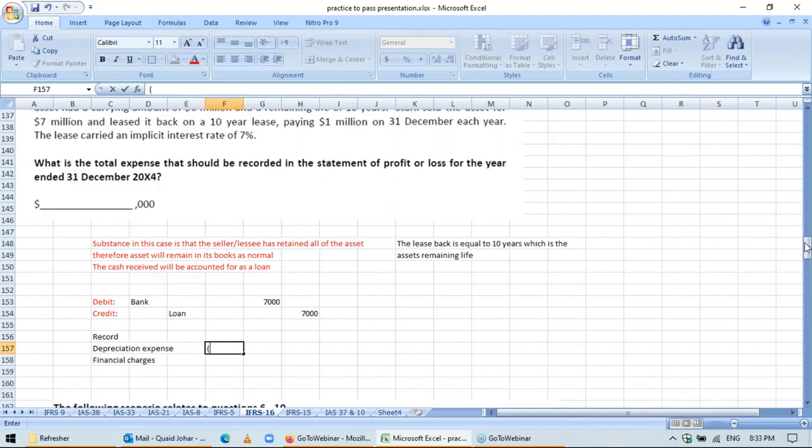And the interest will be recognized on the 7 million loan at the interest rate, which is 7%. So $6 million divided by 10 years life, this gives you the depreciation expense, and the finance charge will be calculated on the loan amount, 7 million multiplied by 7%.